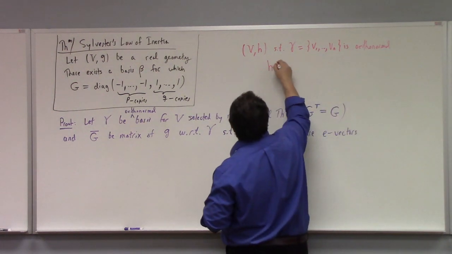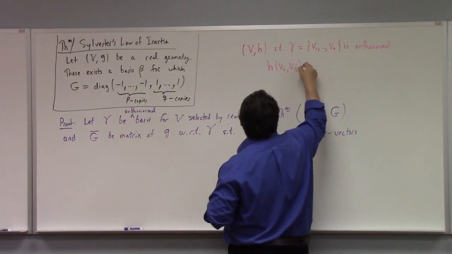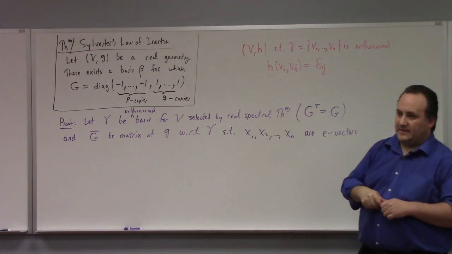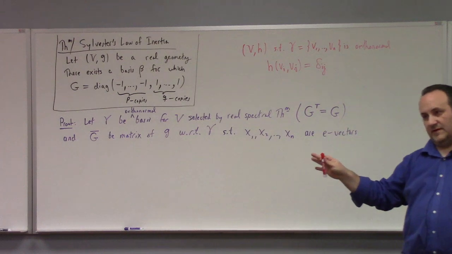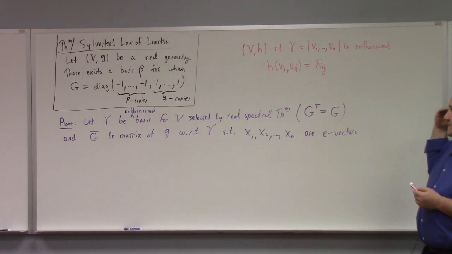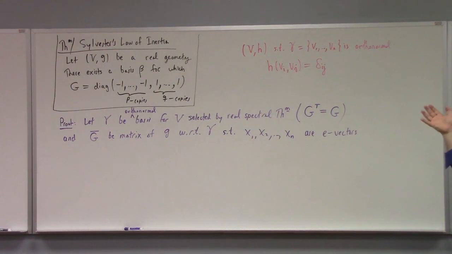The formula is just h of vi, vj is Kronecker delta ij. Pick any basis you like for the vector space, and I can construct the inner product H by extending that formula bilinearly. So it's an inner product space.